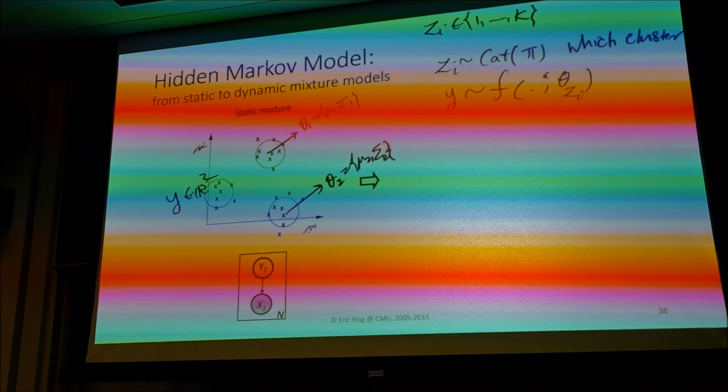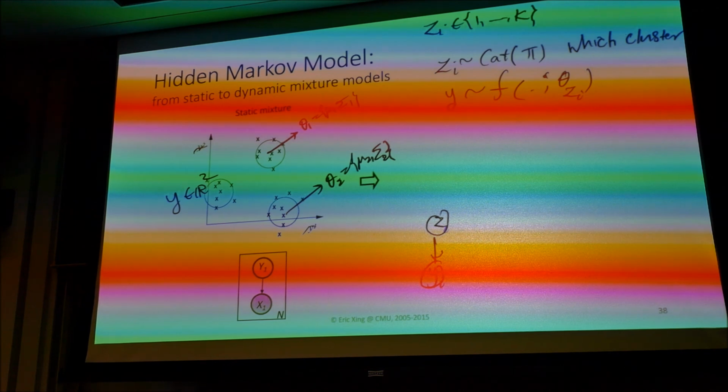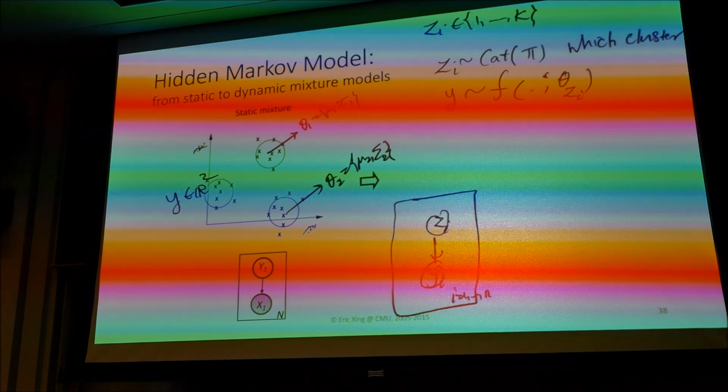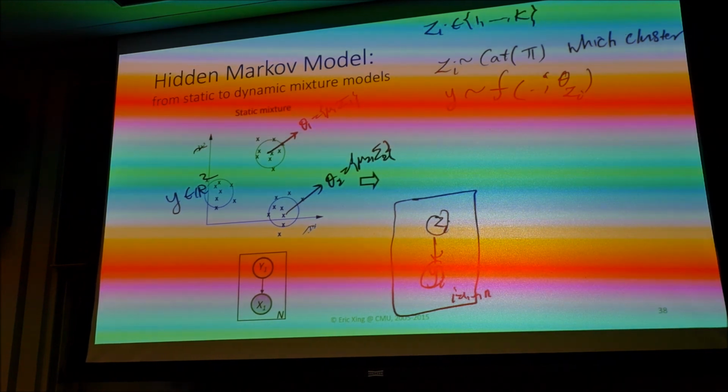A way to show that is that Y is dependent on Z, and you have N of these, so you put a box around it. Where should I put the theta, inside or outside? Anybody? How many people think inside? How many people outside?